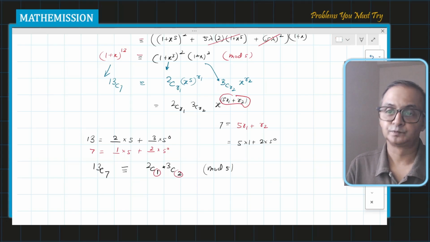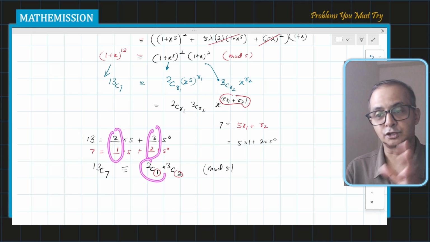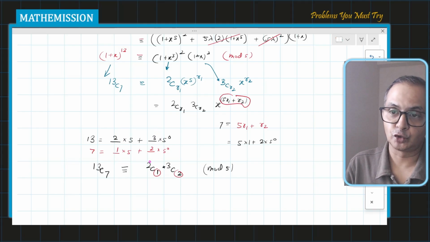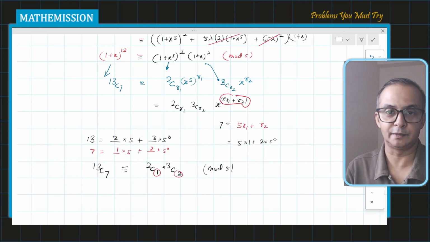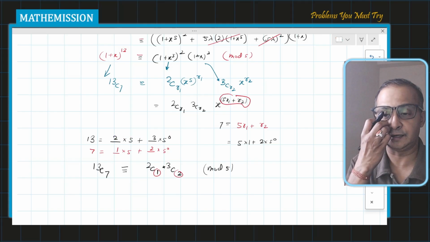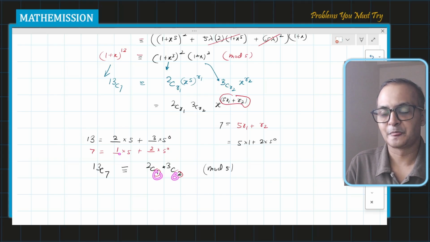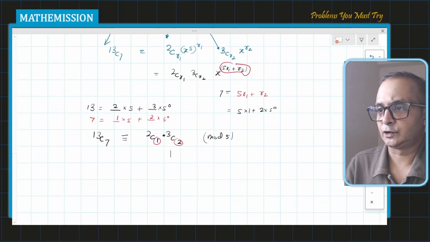And what we are doing, we are just taking this 2 and 1 and 3 and 2 as numbers to make the binomial coefficients. So 2 and 3 are coming at the subscript of this binomial, and 1 and 2 are coming as superscript when I write it like this. Now let's find it out.